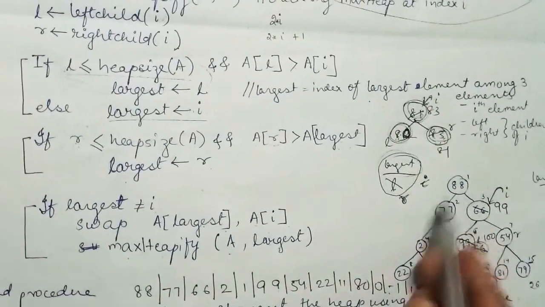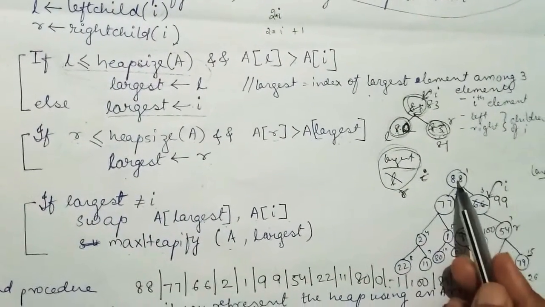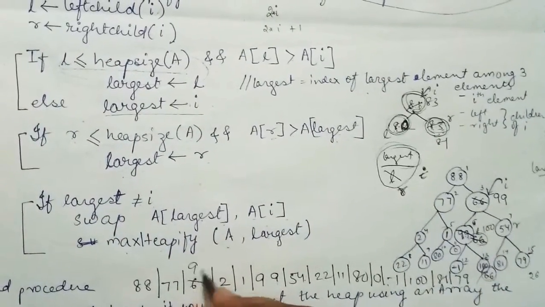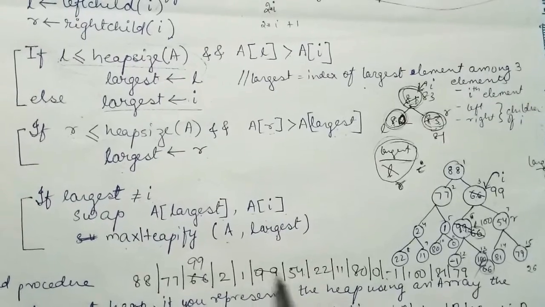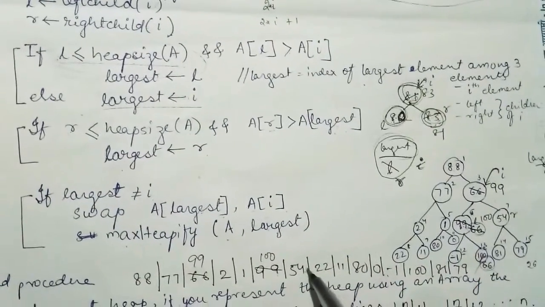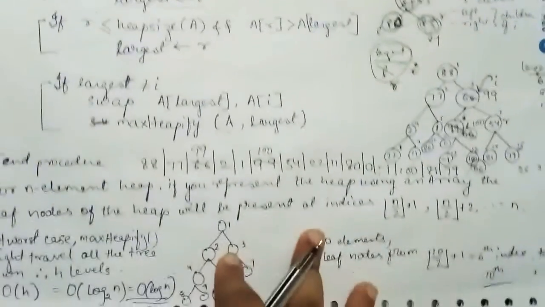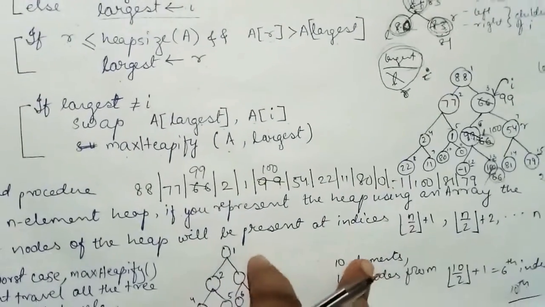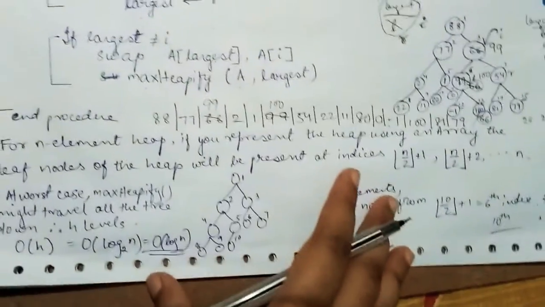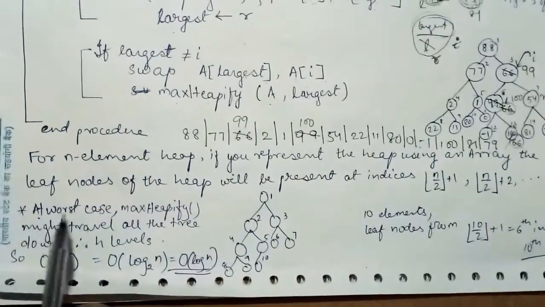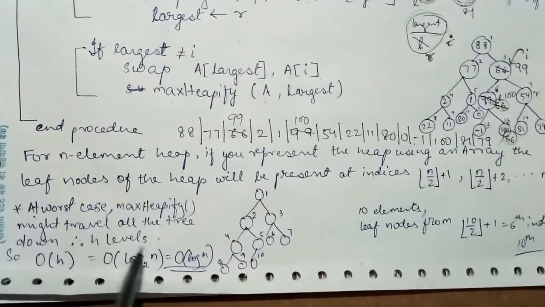So we are left with 88, 88, 77, then 99, then 2, 1, 100, and so on. That does not matter now because it is not sorted, and when we complete the heap sort, then only it will be sorted. So in the worst case, maxHeapify might travel all the way down the tree.